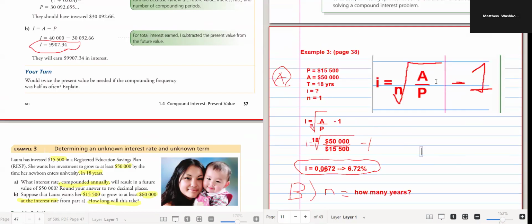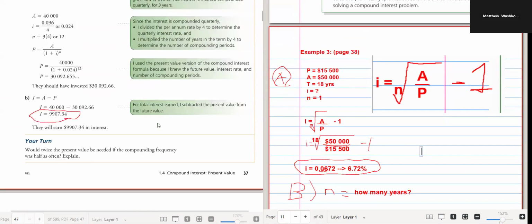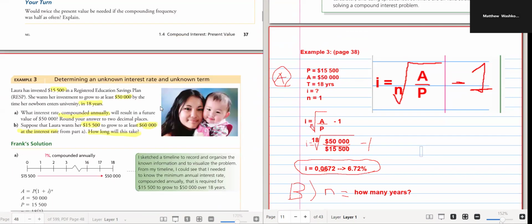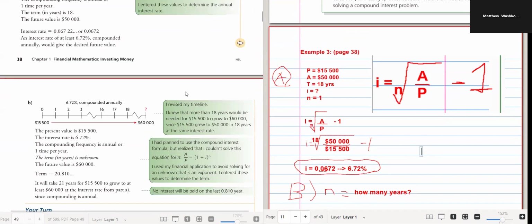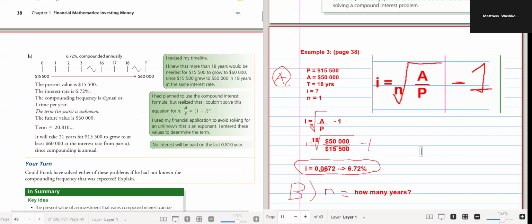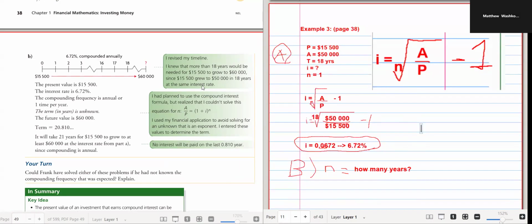Now, the problem with this is that it gets a little messy to do. Even in the textbook, they're not going to be able to do it. This brings you to an entirely different area of mathematics, which is logs, which we don't really need to know about. So you know what?